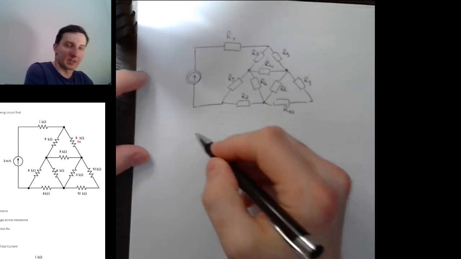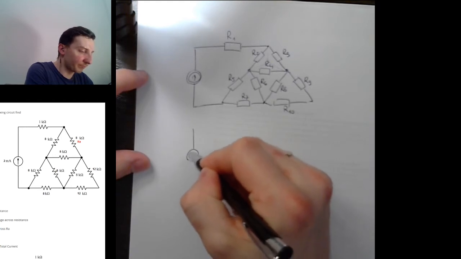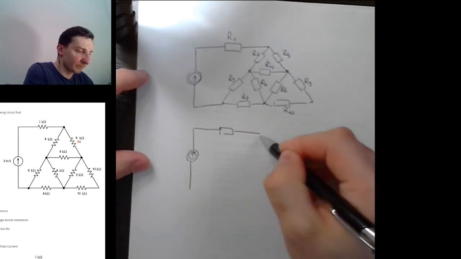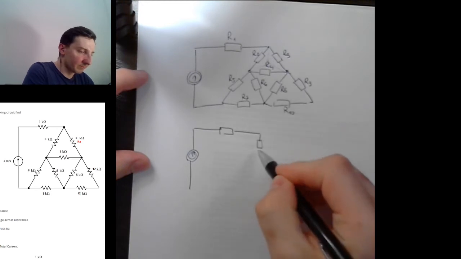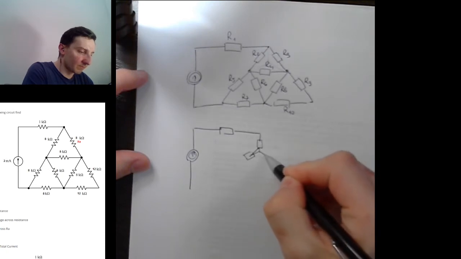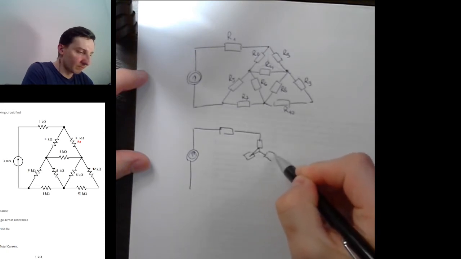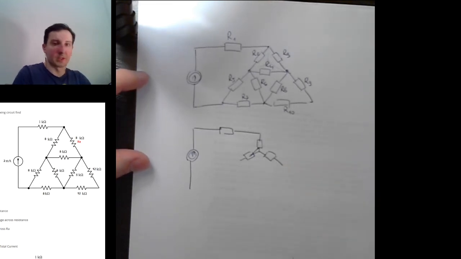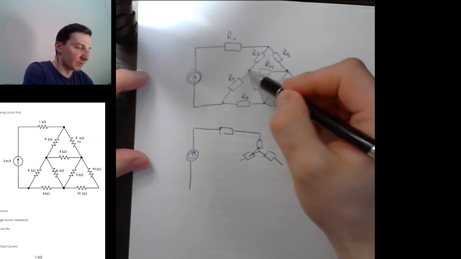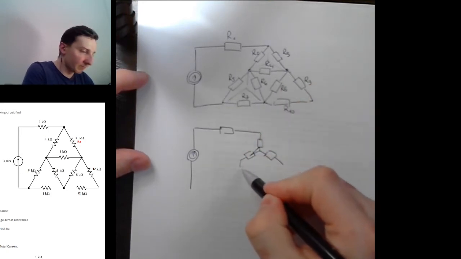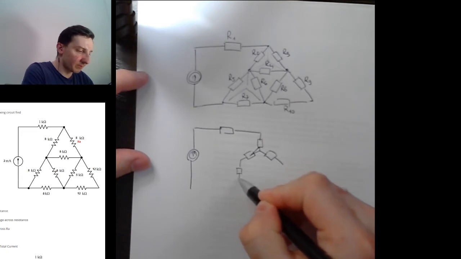So we'll end up with something like this. Okay, we can also simplify the second triangle right here. So we have a resistor here, right here, and right there.